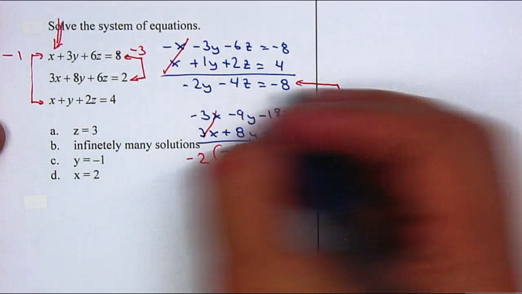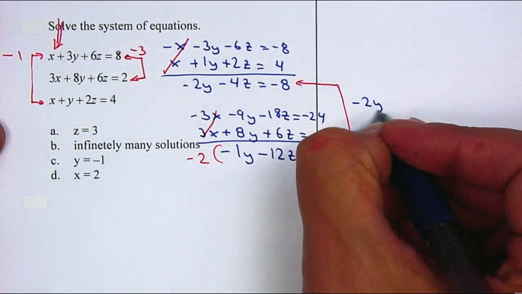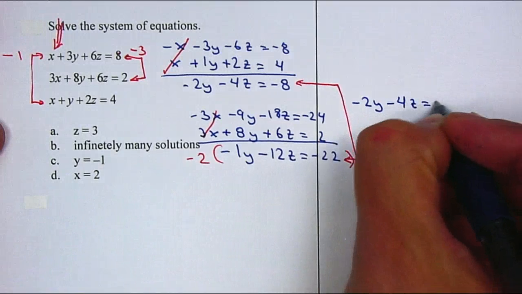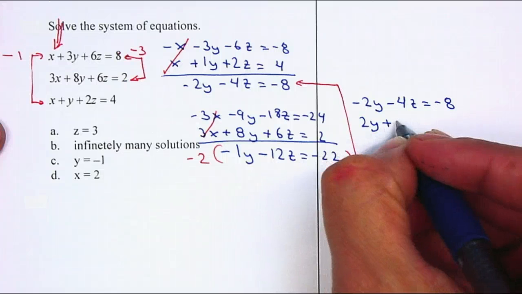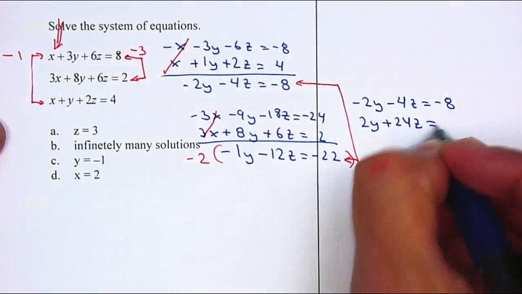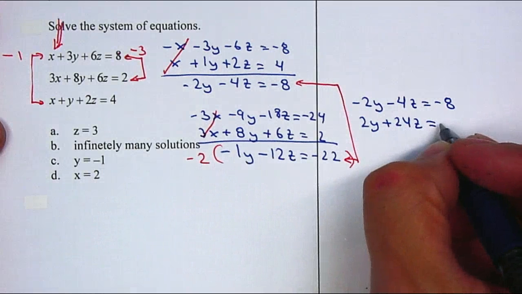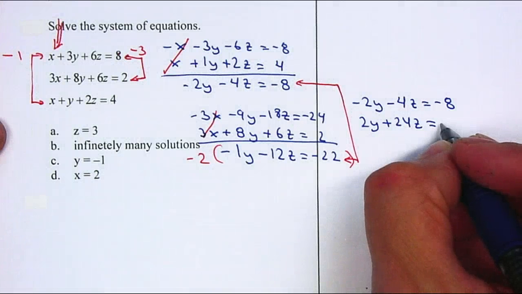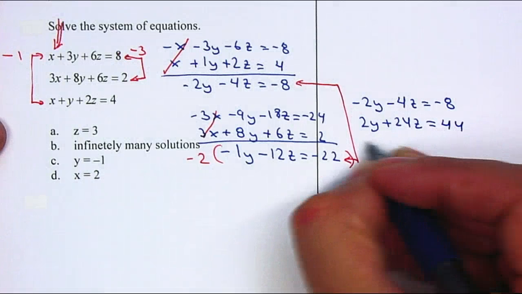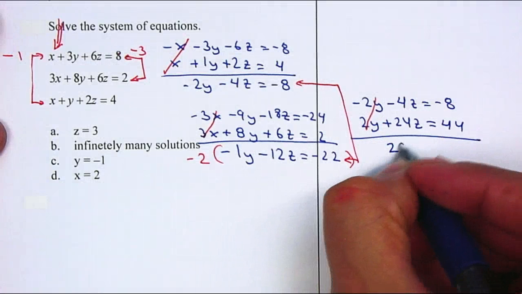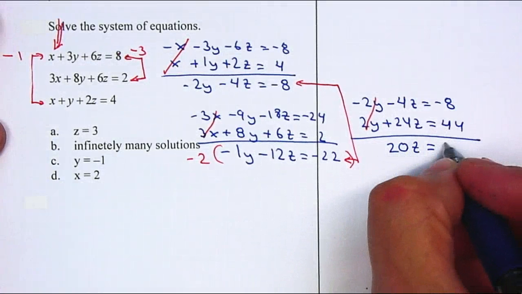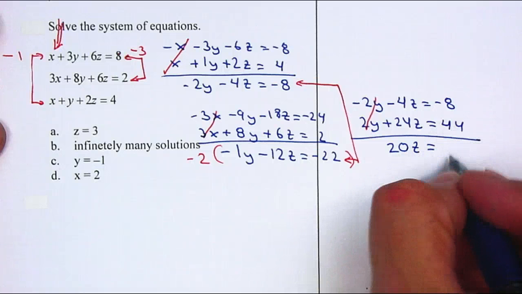That gives me the first equation will remain the same. The last equation is positive 2y plus 24z is equal to positive 44. And I'll cancel the y's, and that gives me a 20z is equal to, let's see, 36.